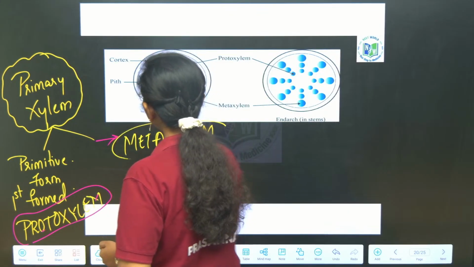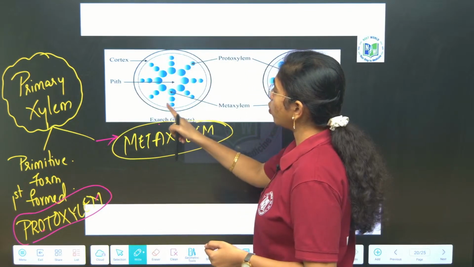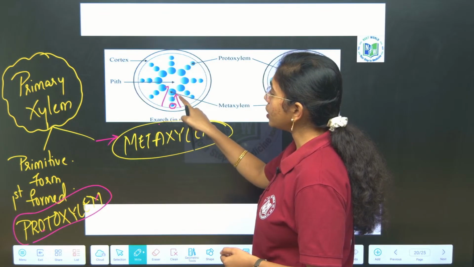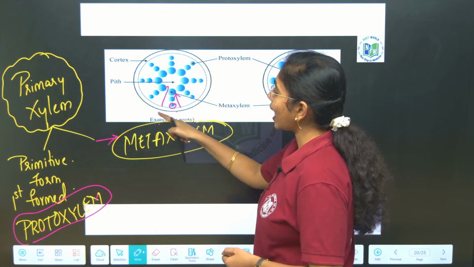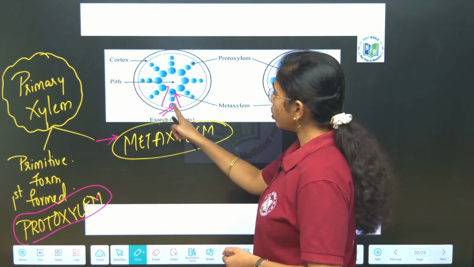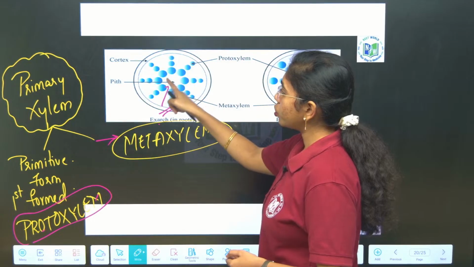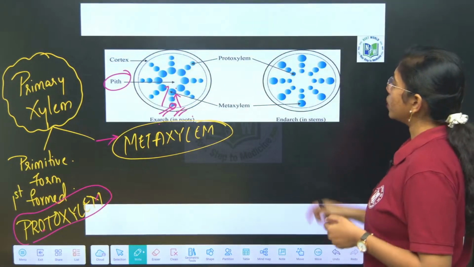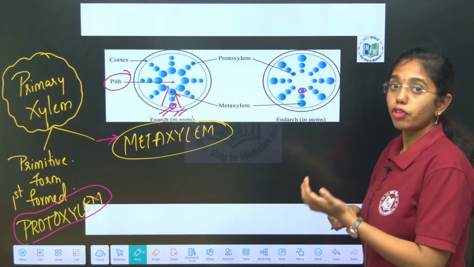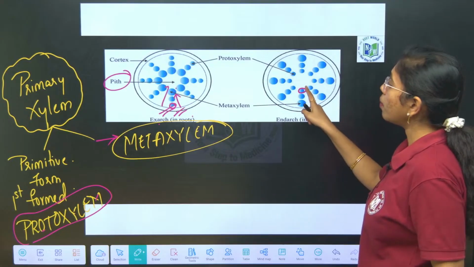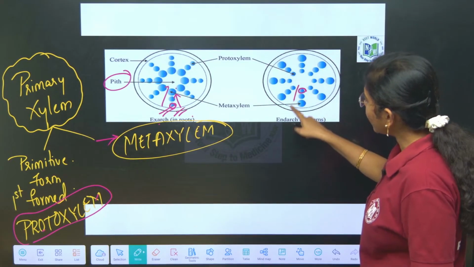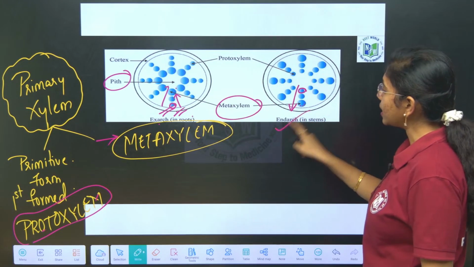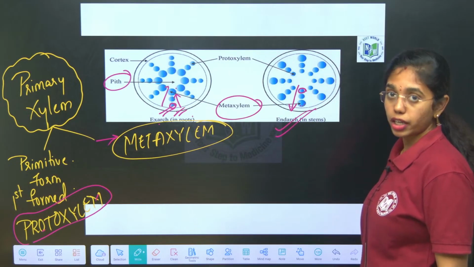If xylem maturation starts from the periphery and goes to the center, that is, protoxylem is formed at the periphery and matures to the center, it is called the exarch condition, which is observed in the root. Protoxylem is towards the periphery and metaxylem is towards the pith or center. In the endarch condition, protoxylem, the first formed primary xylem, is at the center and matures towards the periphery, with metaxylem towards the periphery. This is the endarch arrangement in stem.